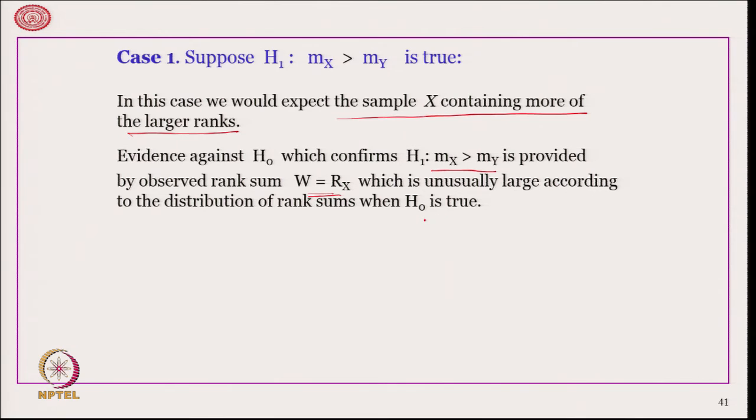As I said, with respect to x, the smallest value is 15, but the highest value is 35. So, if we find that the sum of ranks of x is very close to 35, that means all the highest ranks are coming from x and the lower ranks from y, and then we would expect the median of x to be bigger than the median of y.